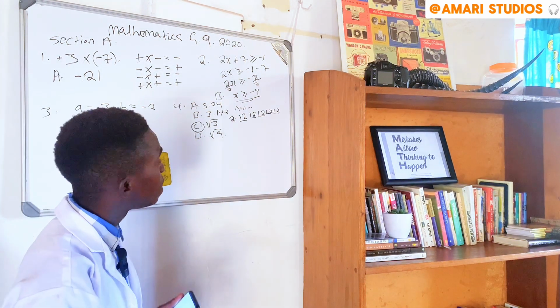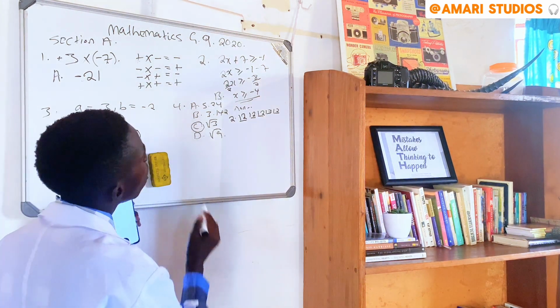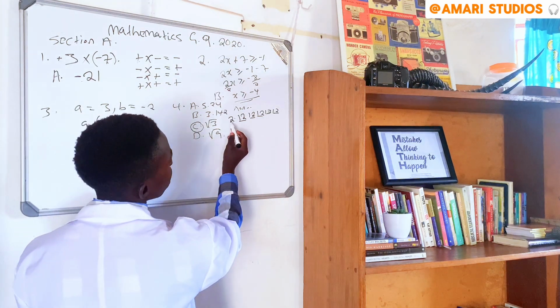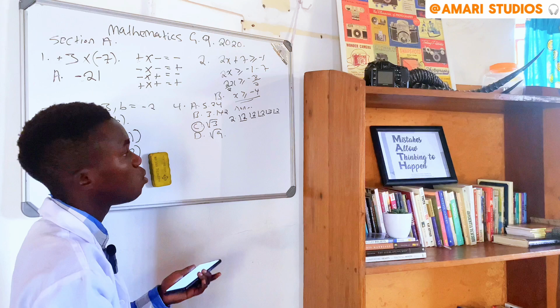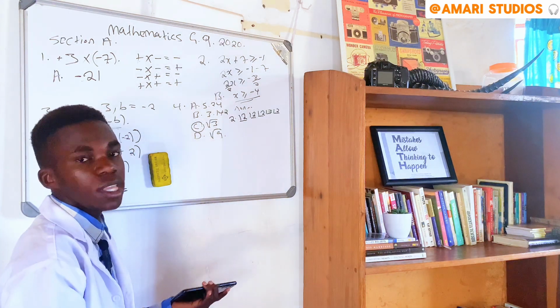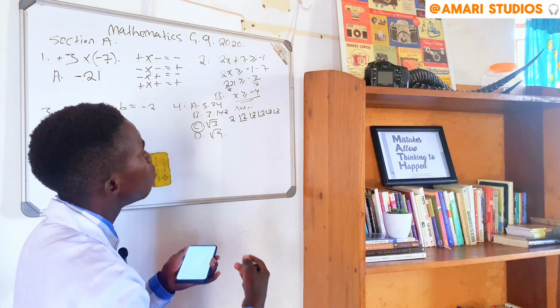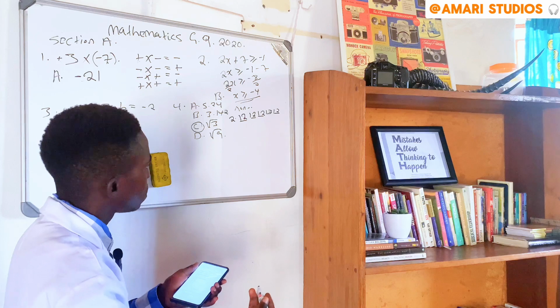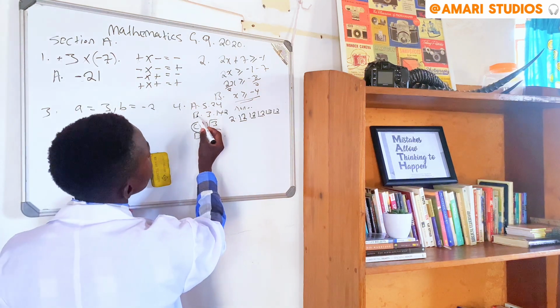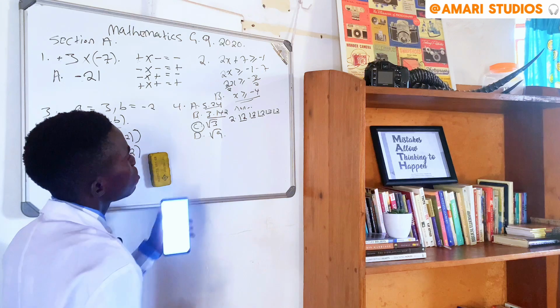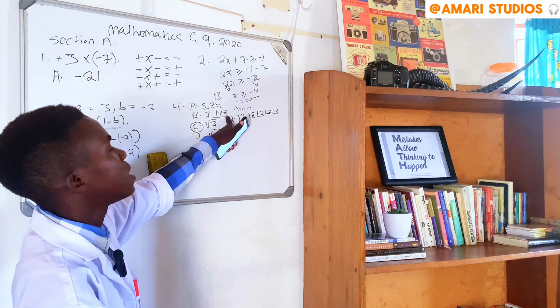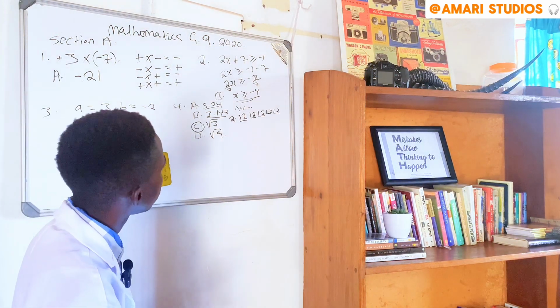So 2.121212 is an irrational number because the decimal places after 2 are repeating themselves. Now A and B are non-repeating decimal numbers because there is no decimal place that is repeating itself.